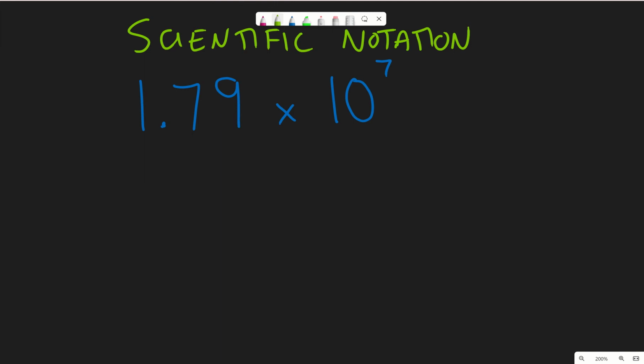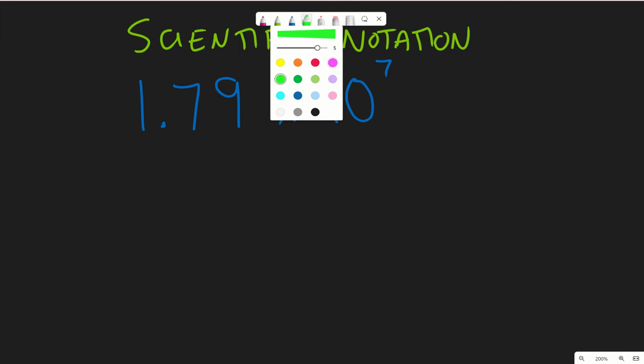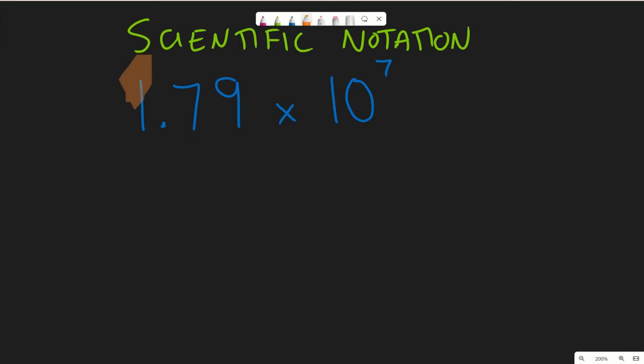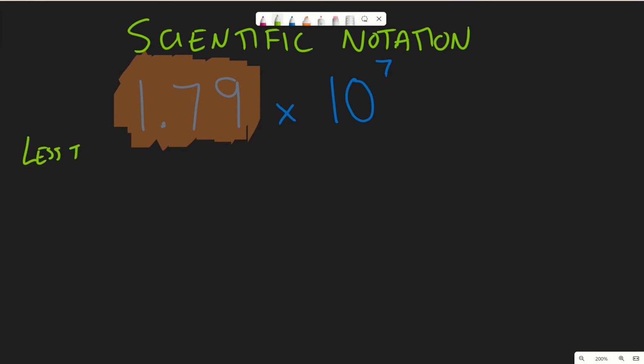The way I know this is scientific notation is my number here is a value less than 10 and greater than 1. So my value is a number where I have a number in my ones place followed by a decimal.